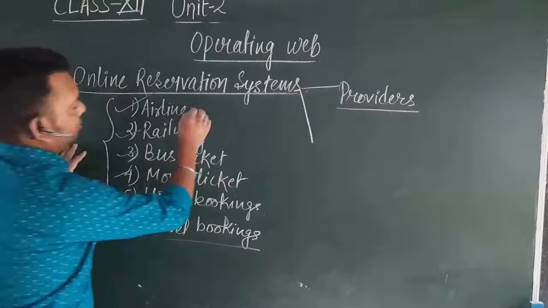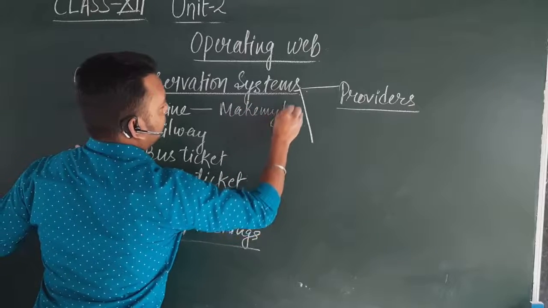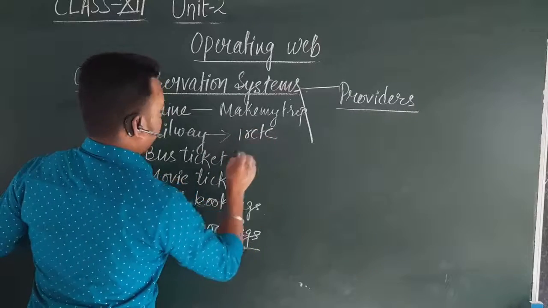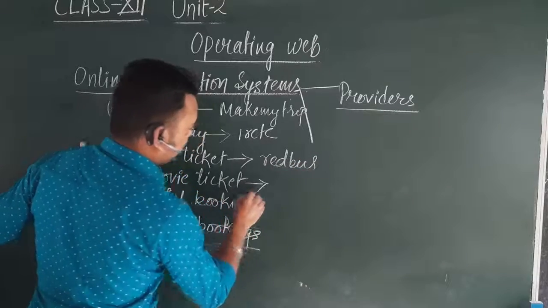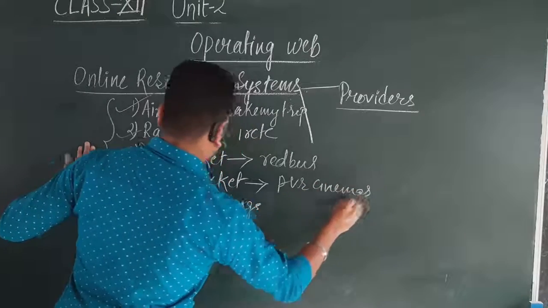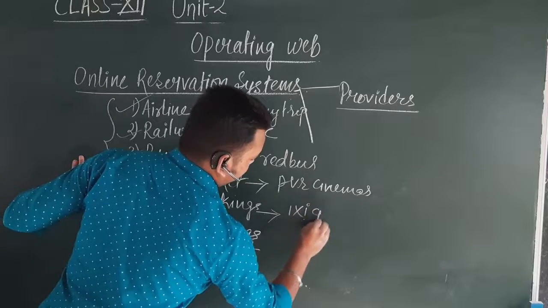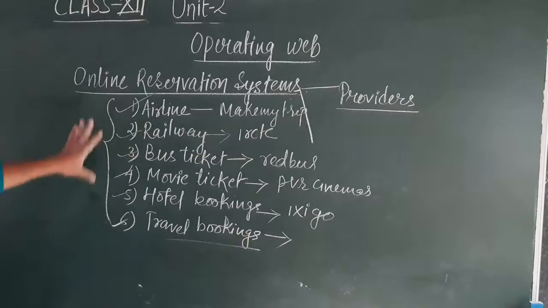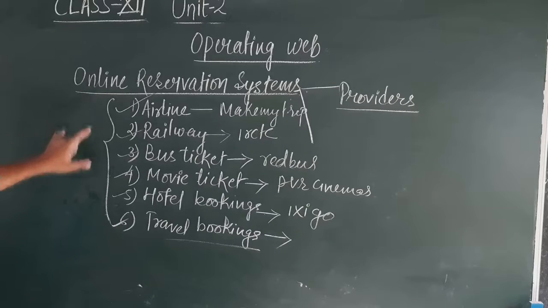For example, for airline, say MakeMyTrip; for railway, say IRCTC; for bus, say RedBus; for movie, say PVR Cinemas; for hotel, say Ixigo; for travel, say some other application. So these are the list of certain reservation systems provided by means of online reservation system.